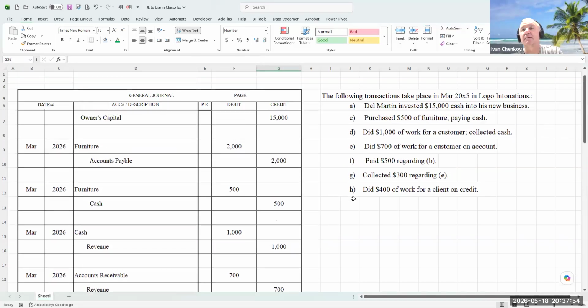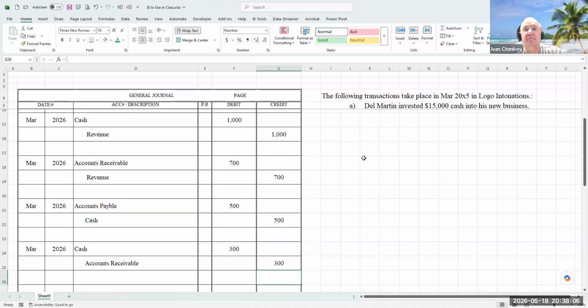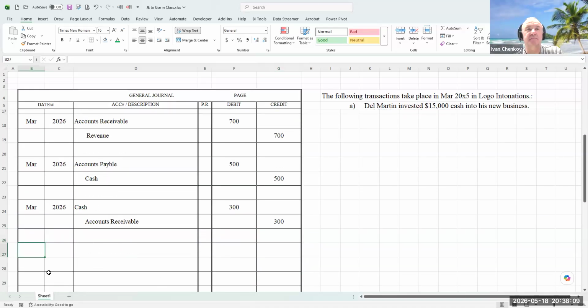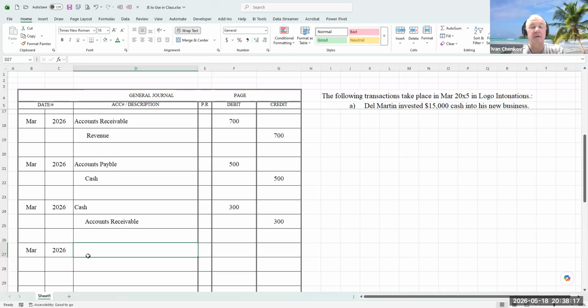And the last one is we did the work for $400 for a client on credit. What does that mean? Did we get the cash? No. Is he going to pay us? We have to wait and see, right? In the meantime, that for us will be accounts receivable again.